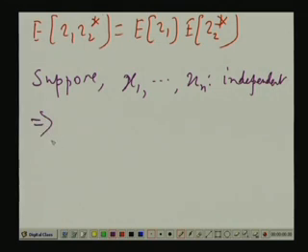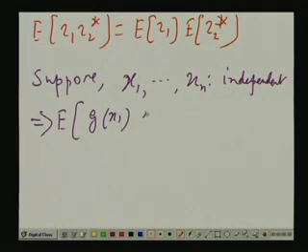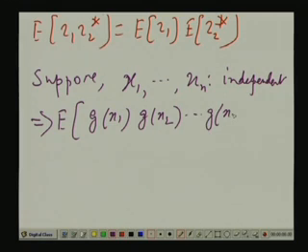That means if you take, instead of x1, a function g1 of x1, instead of x2 a function g2 of x2, and so on, a function gn of xn, the same holds.